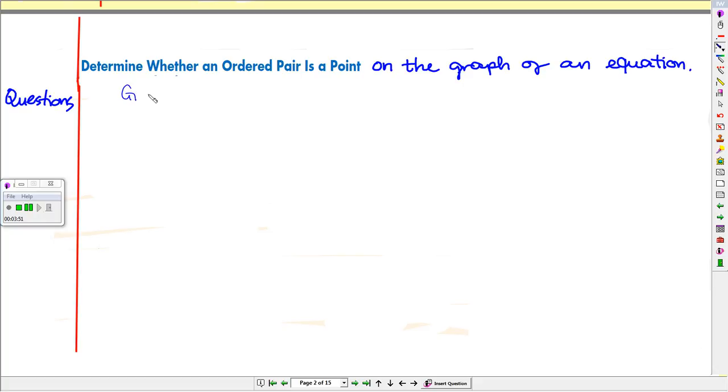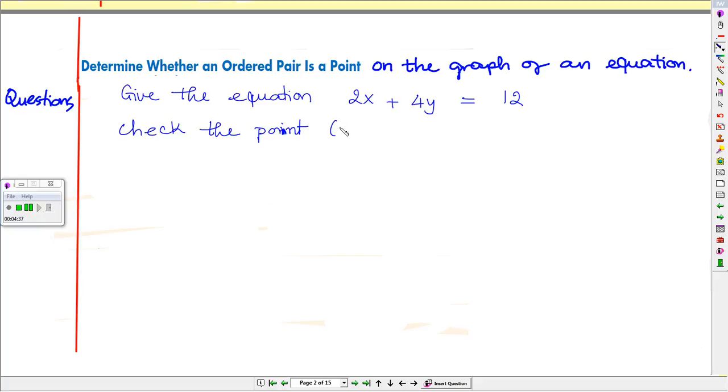If we are given the equation 2x plus 4y equals 12, and we want to check if the point (2, -2) is a point on the graph.